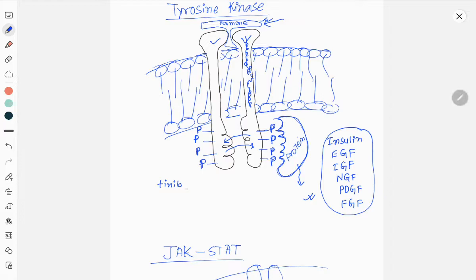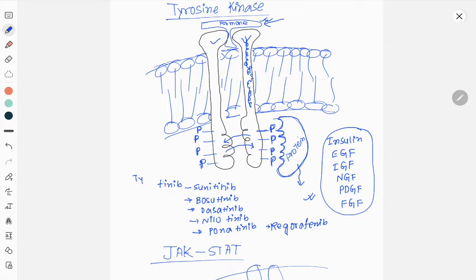For example, sunitinib, bosutinib, dasatinib, nilotinib, ponatinib, regorafenib. These are all tyrosine kinase inhibitors.